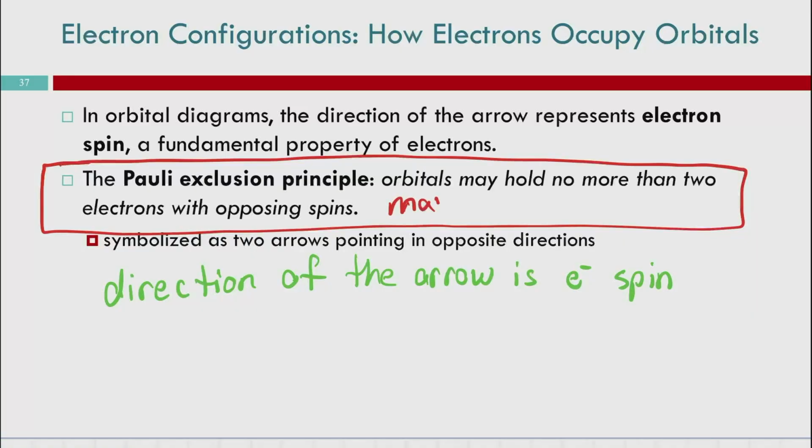So we're learning here max 2 electrons per orbital, and they must have opposing spin. So no more than 2 electrons, and they have to have opposing spin.